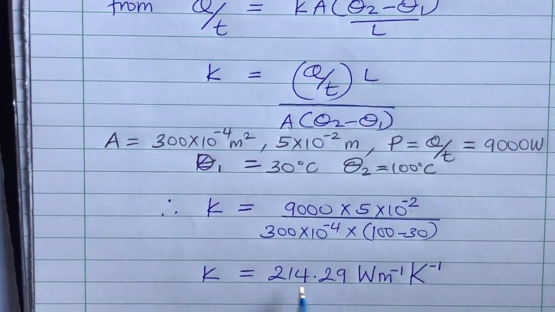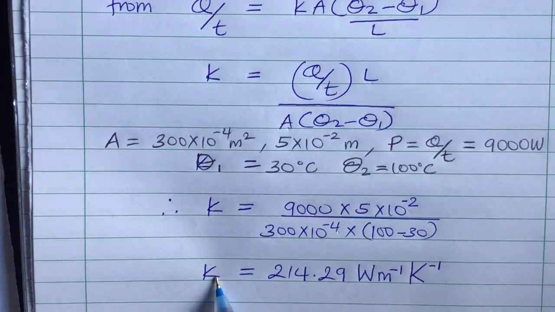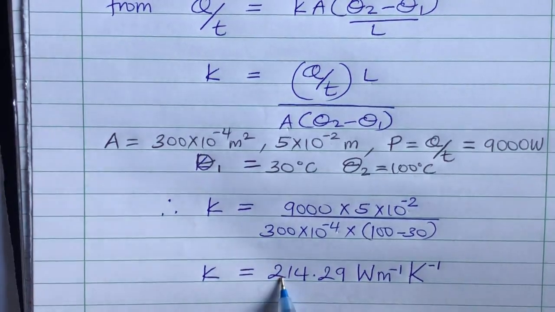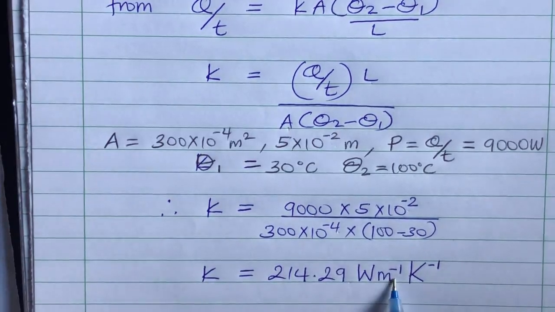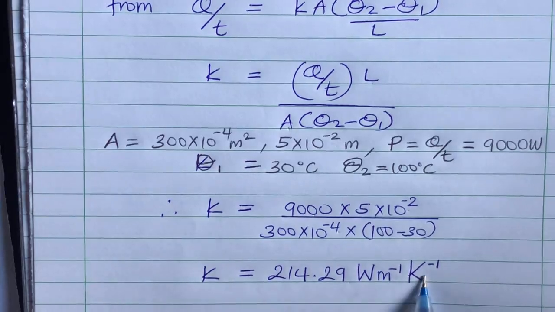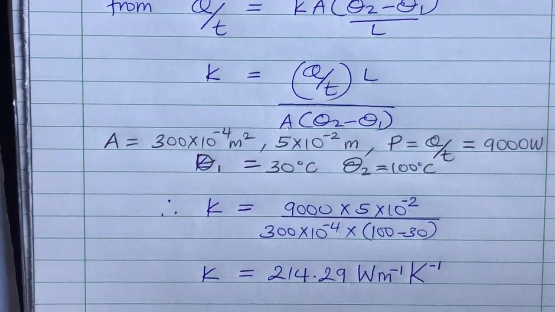And that gets us the thermoconductivity as 214.29 watt per meter per Kelvin. So that is how we shall always calculate by the use of the formula.